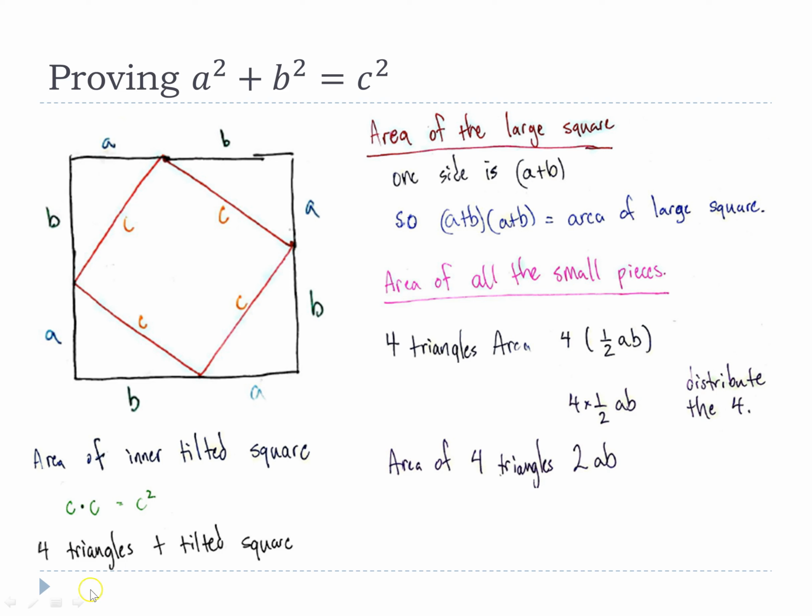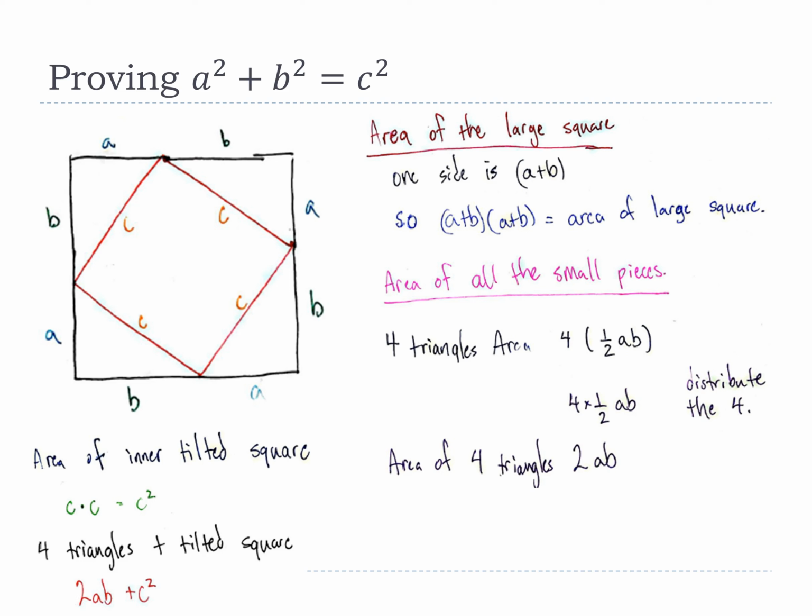Now all I need to do is combine the area of the 4 triangles and the area of the inner tilted square, which is 2AB plus C squared. The 2AB came from the area of the 4 triangles, and the C squared came from the area of the inner tilted square. That gives us another way of expressing the area of the shape.